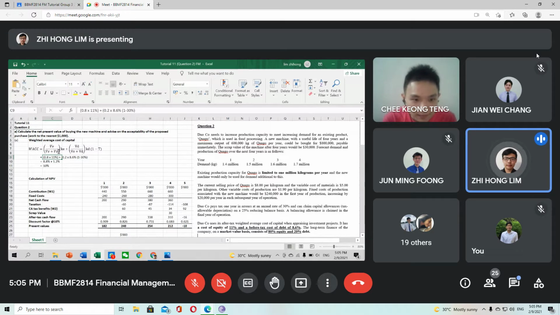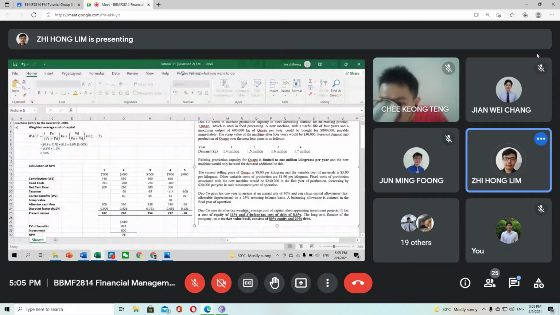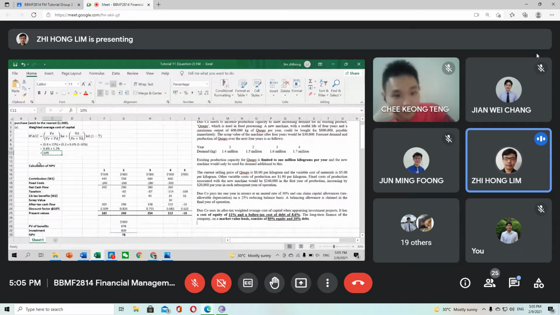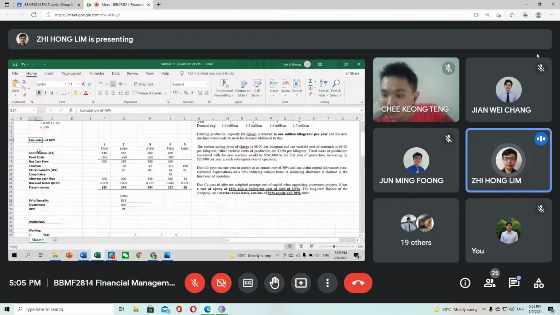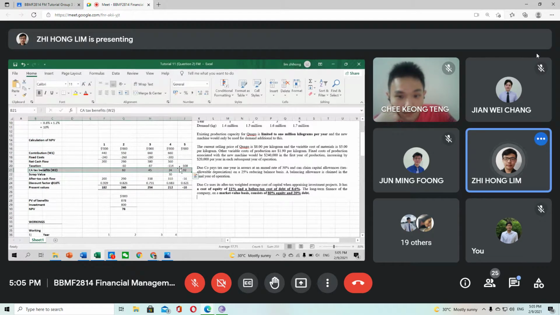The VE, VD, KE and KD are given in the question, at the bottom part, so that we can calculate that the WACC is 10% based on the formula given.